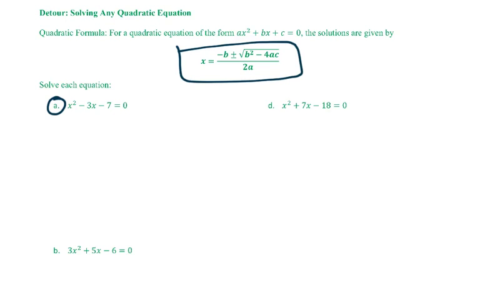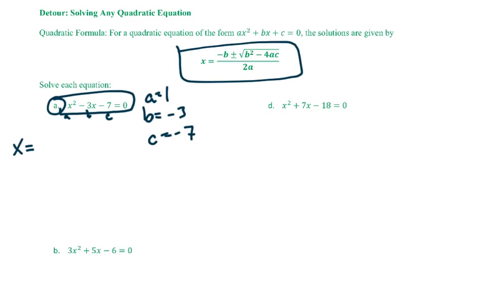So my a, b, and c are the coefficients for your x squared term, your x term, and your constant. So x equals negative b. I'll write these to the side. a is equal to 1, b is equal to negative 3, and c is equal to negative 7 here in this quadratic.